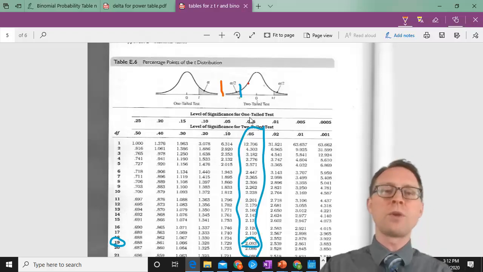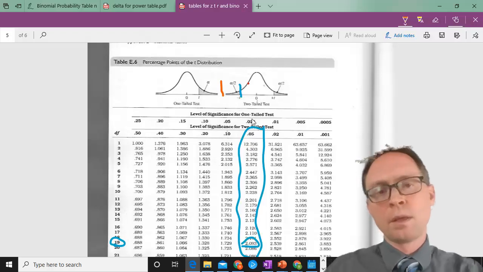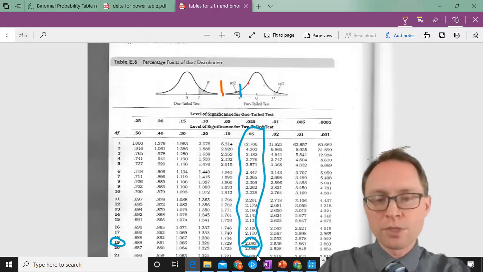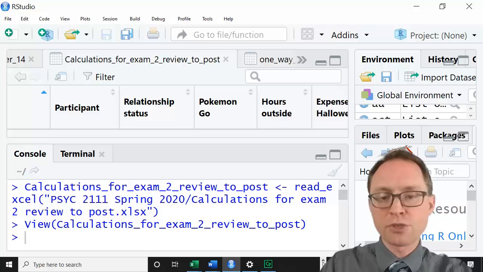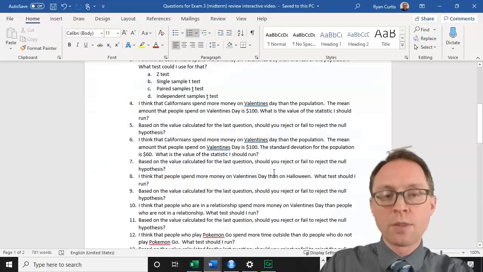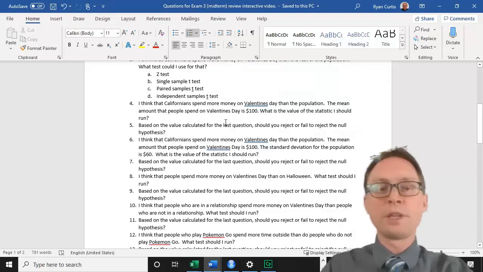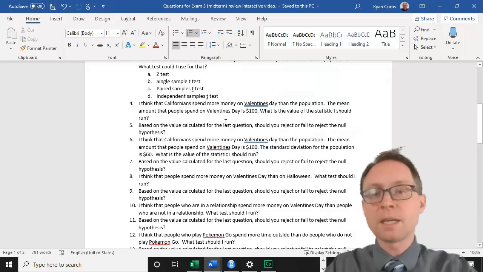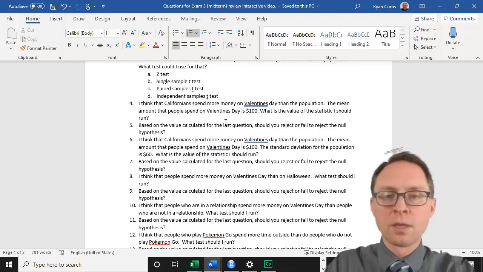But wait a minute, we got a little bit of a problem. Let's take a look at our original hypothesis and make sure that it's going in the direction that we expect. In this particular question, I think Californians spend more money on Valentine's Day than the population.